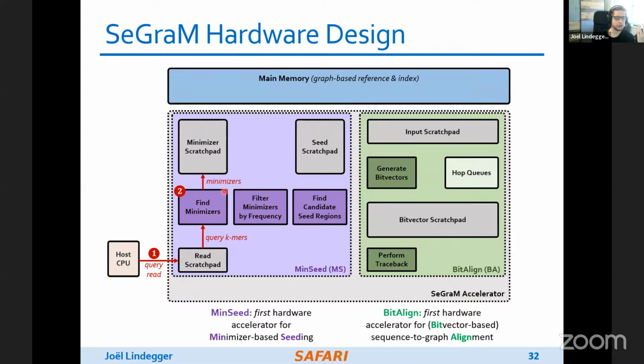Anyway, you write these minimizers to another scratchpad, so on-chip memory, and now you have a list of seeds to look up in your index. Your index is stored in main memory, so we look up frequency, so essentially how often they occur in the reference genome, and then we have another computational unit that just discards any seed that occurs too frequently. This is a filtering step.